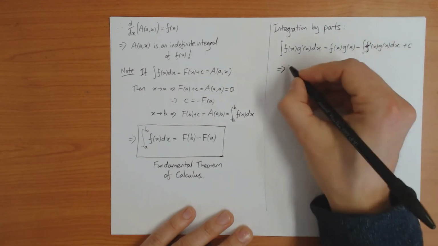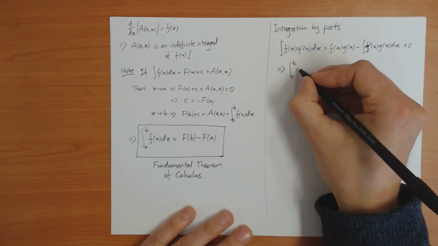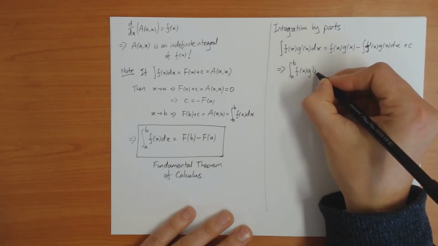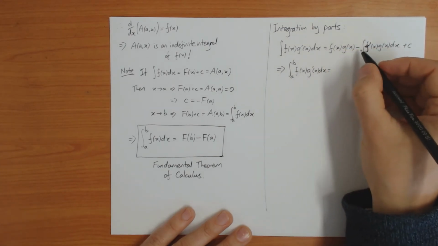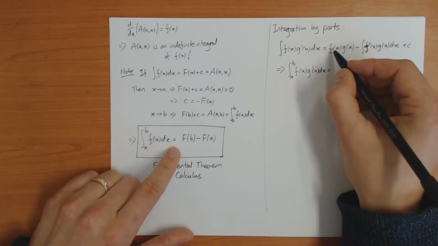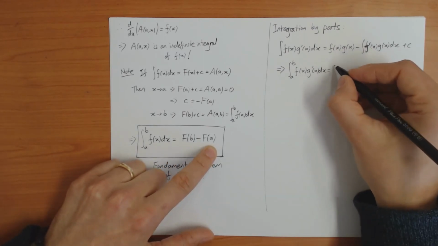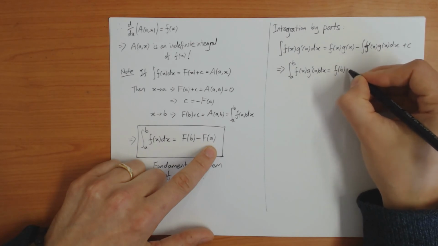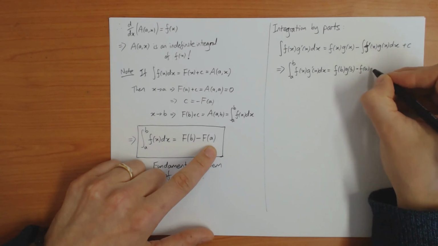As a definite integral, you just put the limits a and b on here. So f of x g of x between a and b. But here, using this result here, you have to evaluate it first at b and then subtract the value at a. So what you get here is f of b g of b minus f of a g of a.